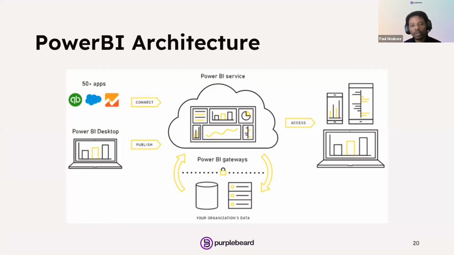Power BI can connect to a wide range of sources. You could have your data in a Google Sheet, in an SQL database, in Snowflake, in different platforms. Power BI can bring all those data together into one place. So that's one benefit of using Power BI.